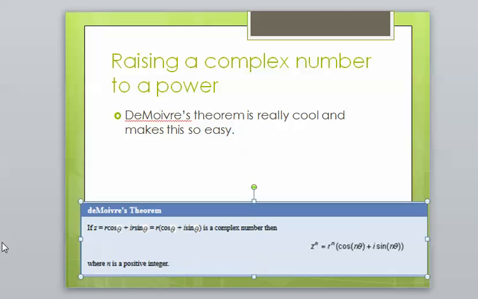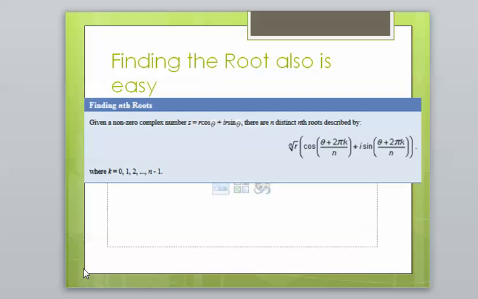Taking de Moivre's theorem and going backwards to find the roots of a power does the same thing. It doesn't harm it any. So instead of finding the nth power of r, you're going to find the nth root of r. And then instead of multiplying theta times n, you're going to take theta and divide it by n. Well, you still have to wind up with the positive number there, so basically what they tell you to do is add 2 pi k to it.